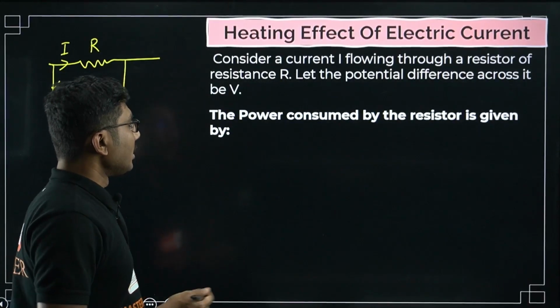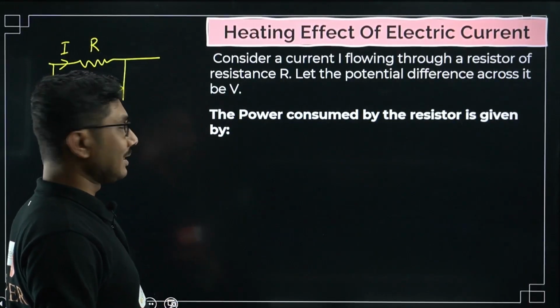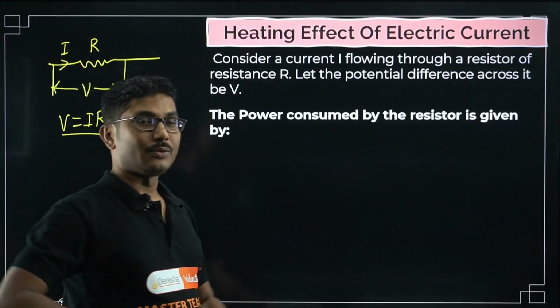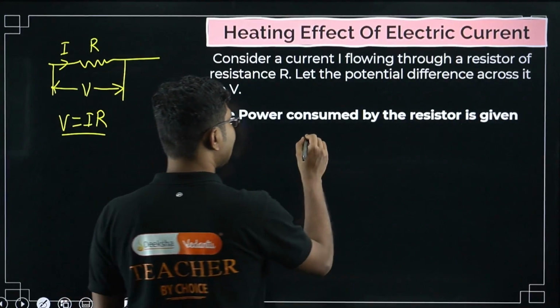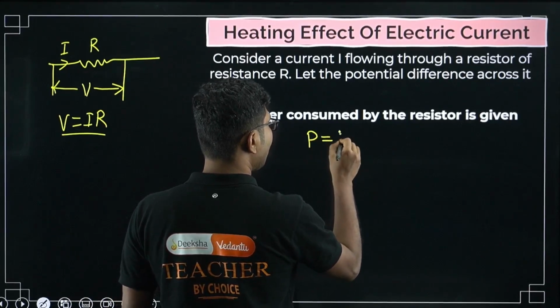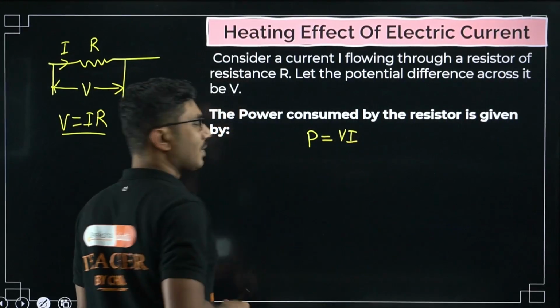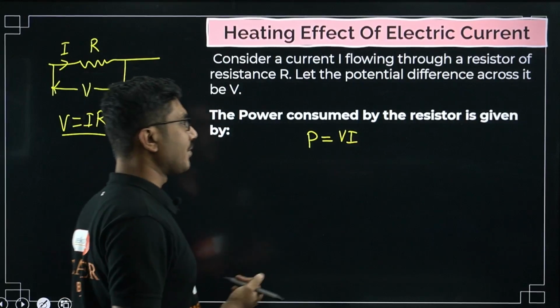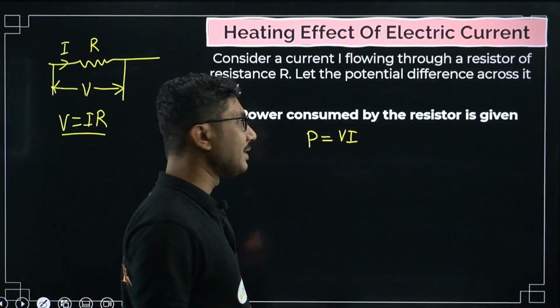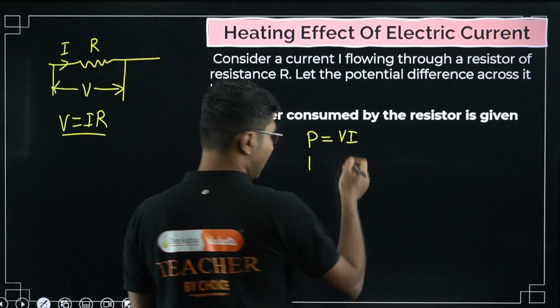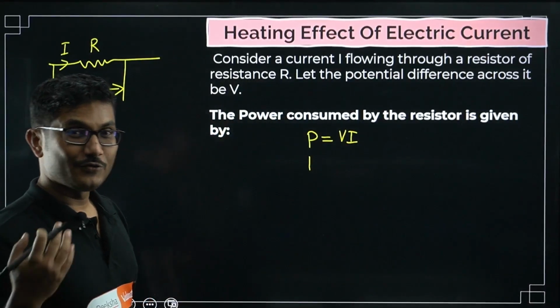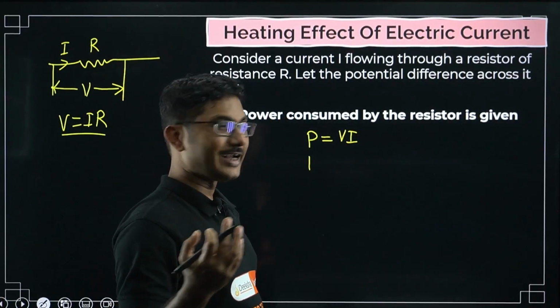Now, the power consumed by the resistor is given by, so power, which is basically work done to take the charge from one point to another, is basically given by P is equal to V times I. This is the formula for power. You have to remember that power is basically given by V times I. Sometimes it is also, P is equal to VI, Y, Vodafone Idea, right?